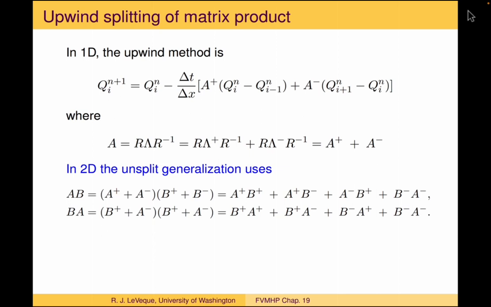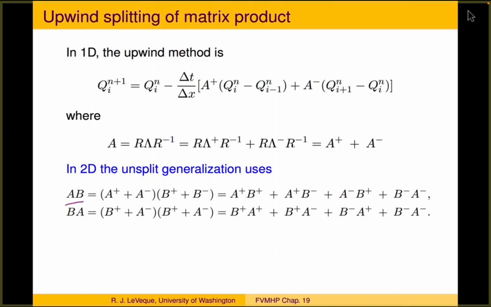And we'll use this splitting of A and the corresponding splitting of B to take these matrices and split them up into AB, for example, into 4 different matrices that correspond to information that's going in sort of the 4 different directions: to the right and upwards, to the right and downwards, to the left and upwards, or downwards.